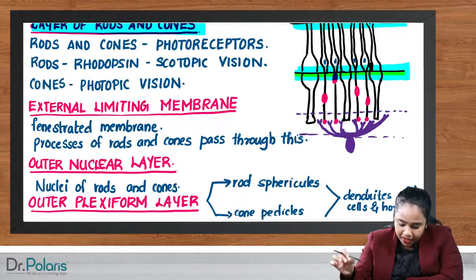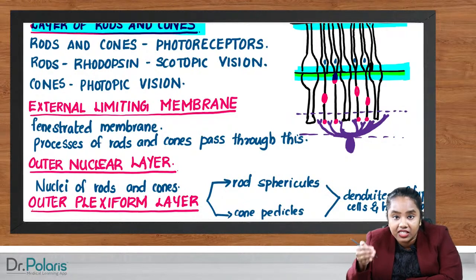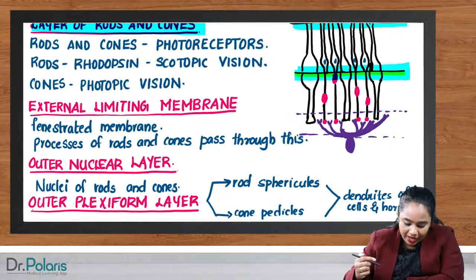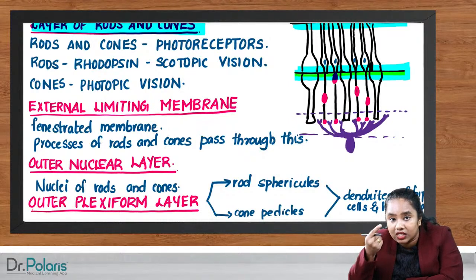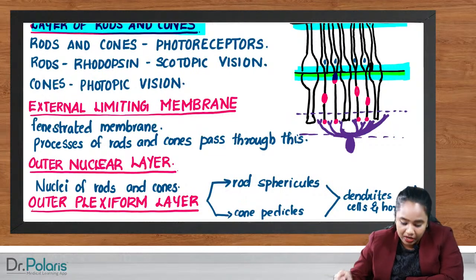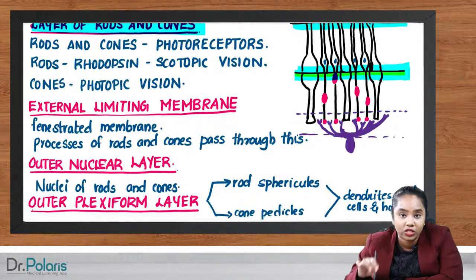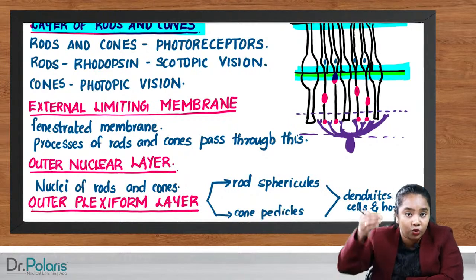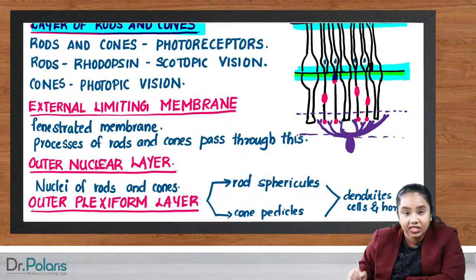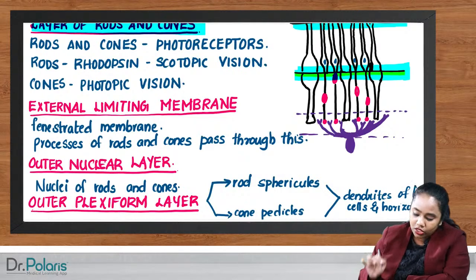The purpose of this fenestration is that the rods and cones in the layer above have tiny, lengthy processes arising from them. These processes pass downward through these fenestrations. So the external limiting membrane is a fenestrated membrane through which the processes of rods and cones pass down.